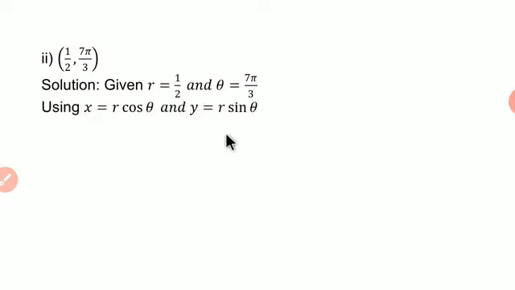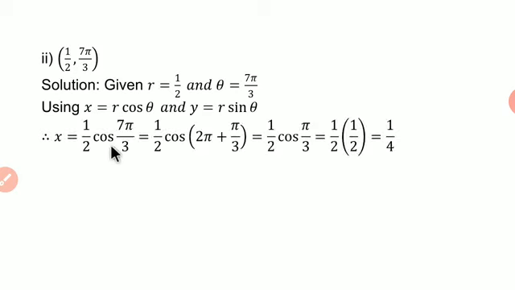So using x is equal to r cos theta and y is equal to r sin theta, we get x is equal to 1 upon 2 cos 7 pi by 3, which is 1 upon 2 into cos of 2 pi plus pi by 3. 2 pi plus means the angle goes in the first quadrant, and in the first quadrant all the trigonometric functions are positive, and so its value is 1 upon 2 cos pi by 3. Cos pi by 3 is half, so it is equal to 1 upon 2 multiplied by 1 upon 2, it is equal to 1 upon 4.